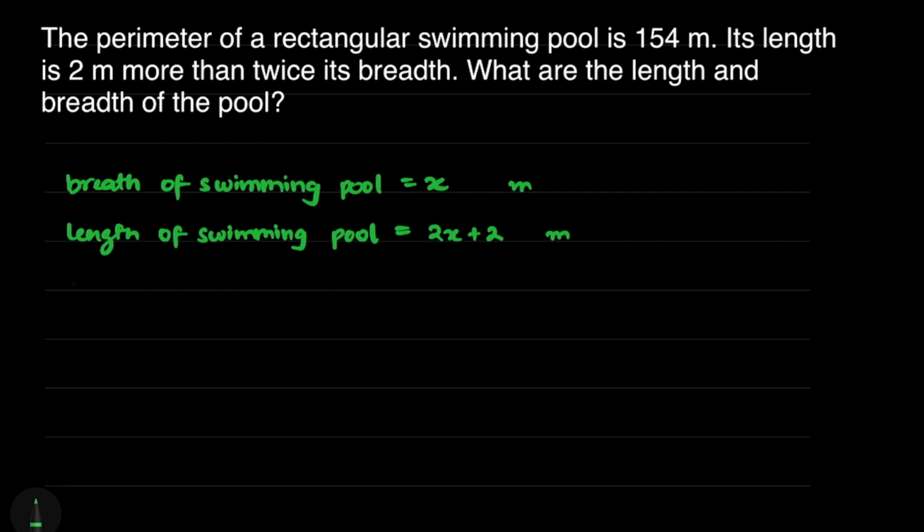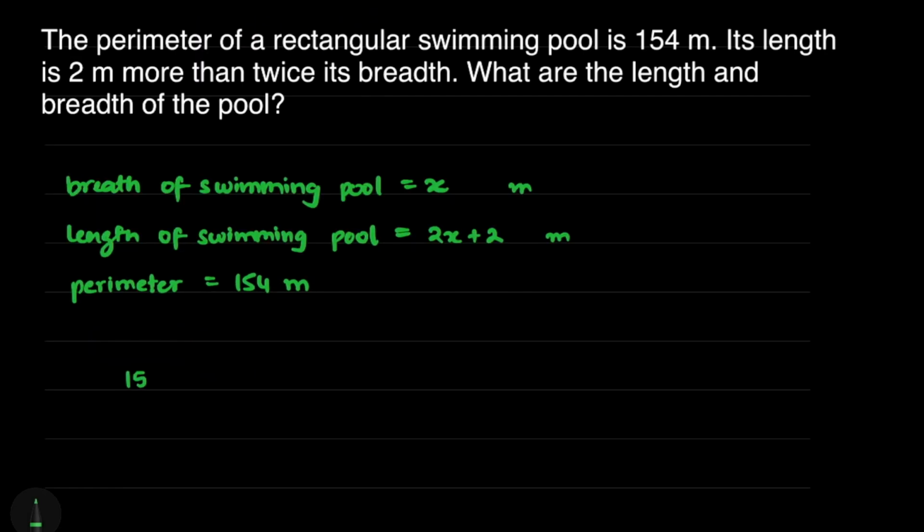So now we know the perimeter as 154. So now we'll calculate the value of x using the equation. 154 is equal to 2 into (2x plus 2 plus x). So let's solve for x now. 154 is equal to 2 into (3x plus 2), which can also be written as 6x plus 4.